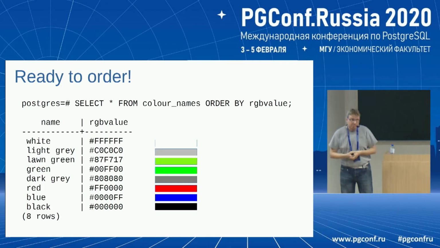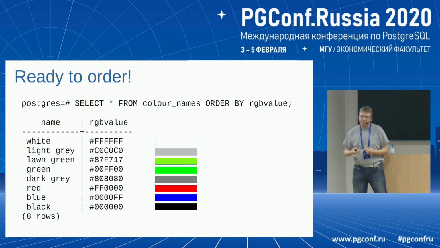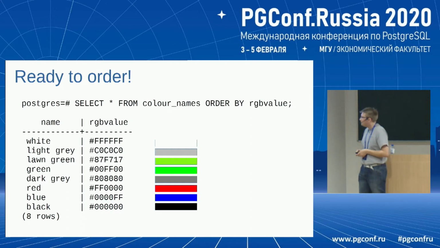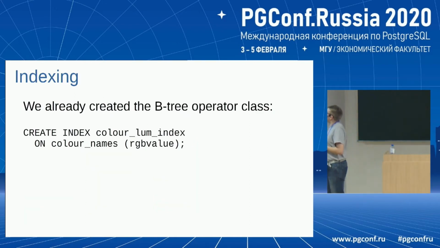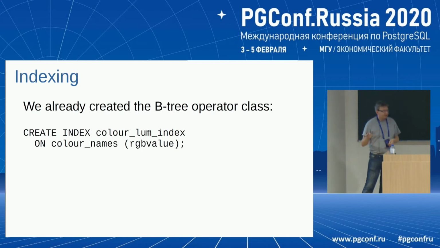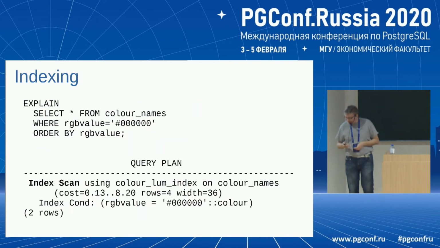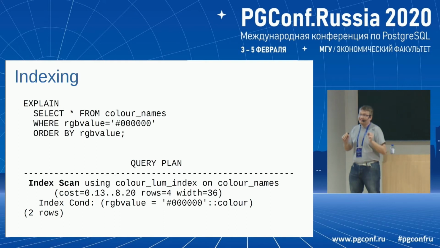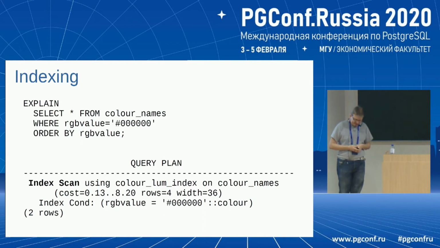Or if you do group by, and it decides to do a sorted grouping operator, it will use your operator class to do that grouping. But you can also use it to create an actual B-tree index on this thing. So now we can create an index, and when you run the create index command and run the same query as before, you can see that you get an index scan based on your operator class, the things you defined.